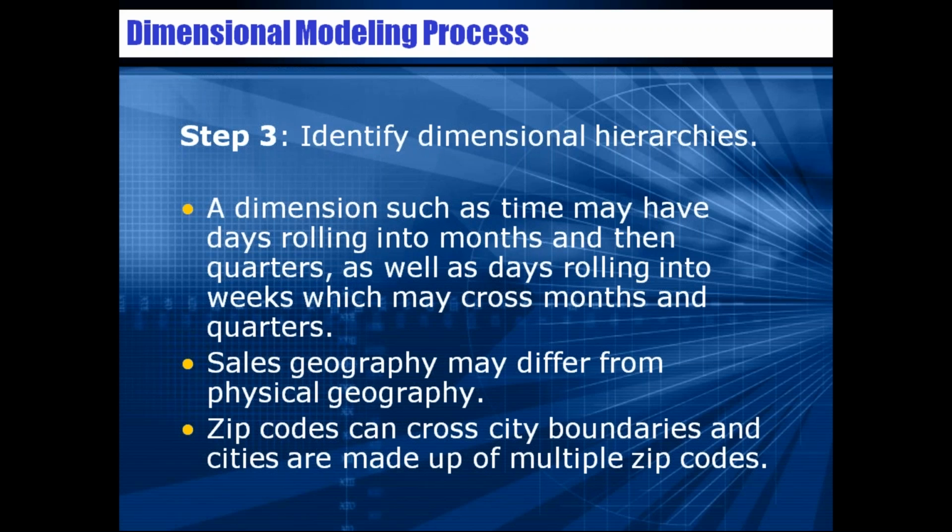So whatever hierarchies we define, we will normalize those dimensions and keep them as snowflake schemas. Whatever roll-ups and roll-downs you want to do, you will maintain them in normalized dimension models, so that we can do the roll-ups and roll-downs very easily.